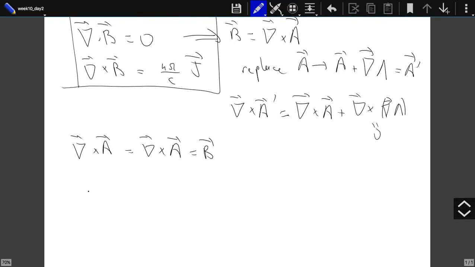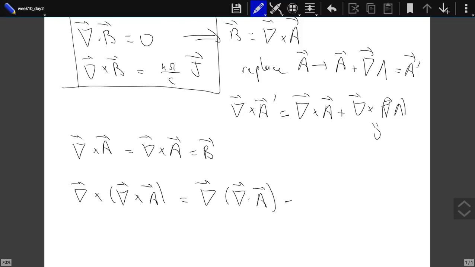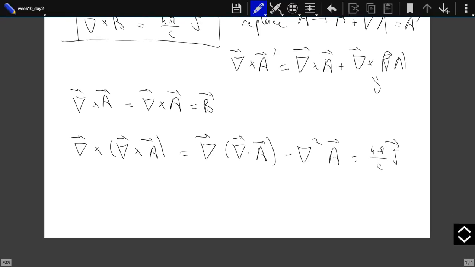Now, if you write B as the curl of A, then the curl of B is the curl of the curl of A, which is equal to the gradient of the divergence of A minus the Laplacian of A. This should be equal to 4 pi over c times J. So we have both of these terms.